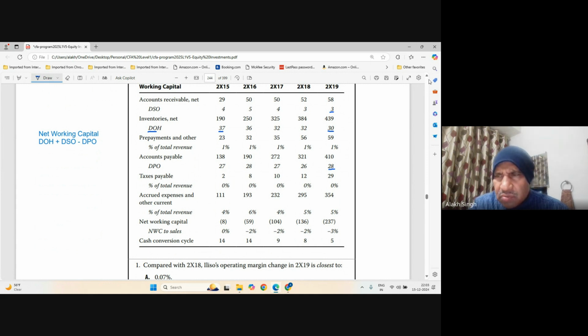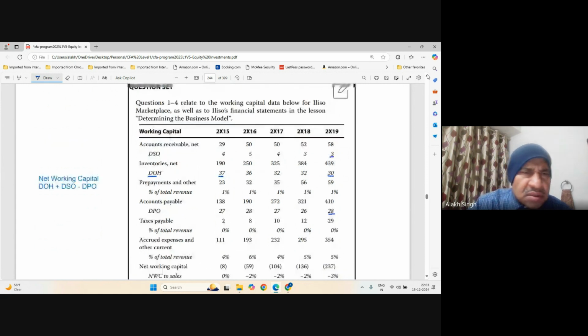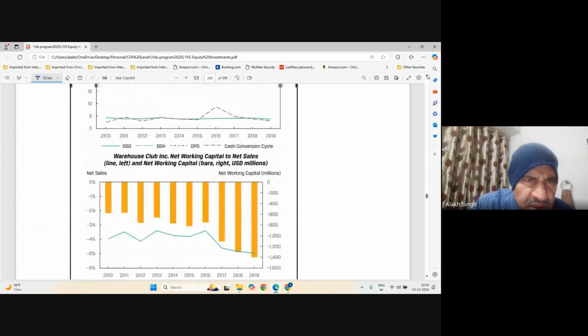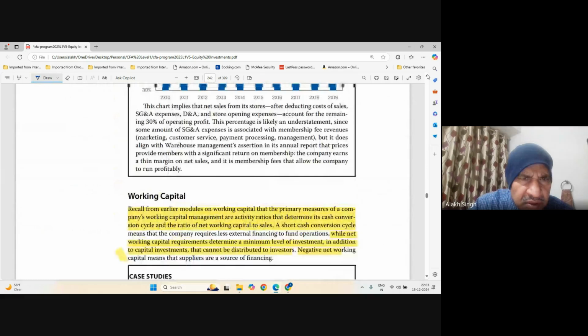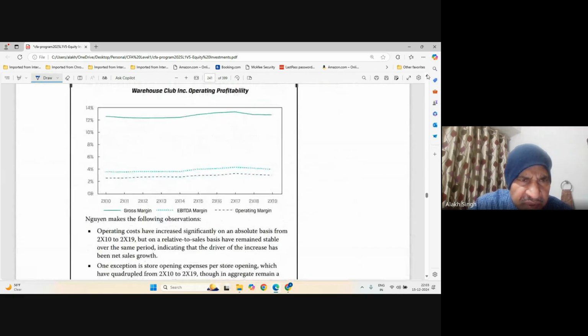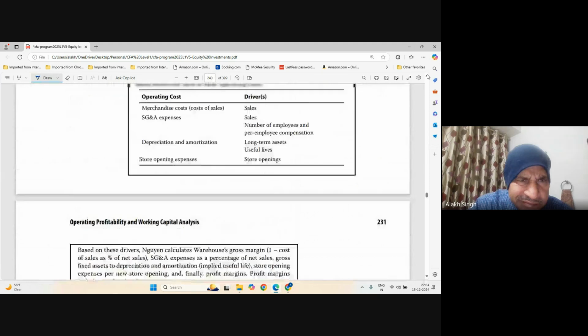Do we have any information for 2019? DSO, DOH, and DPO, inventory. So the degree of financial leverage formula, we will have to calculate then.